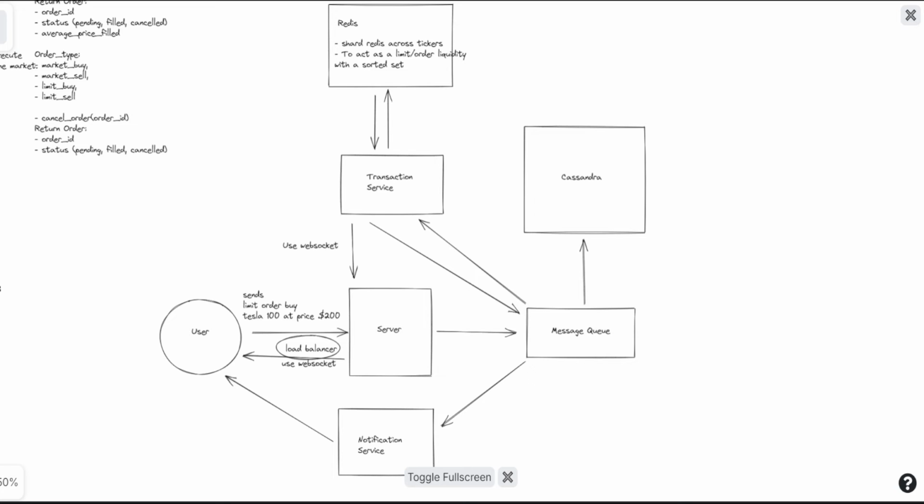Although MongoDB is maybe easier for most engineers to develop on, because it's more user friendly compared to Cassandra. That's why I think Cassandra will probably be the best fit for this one. Got it. Thank you.